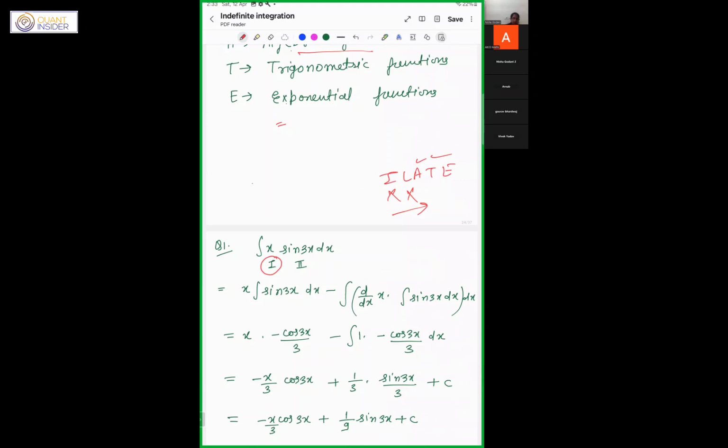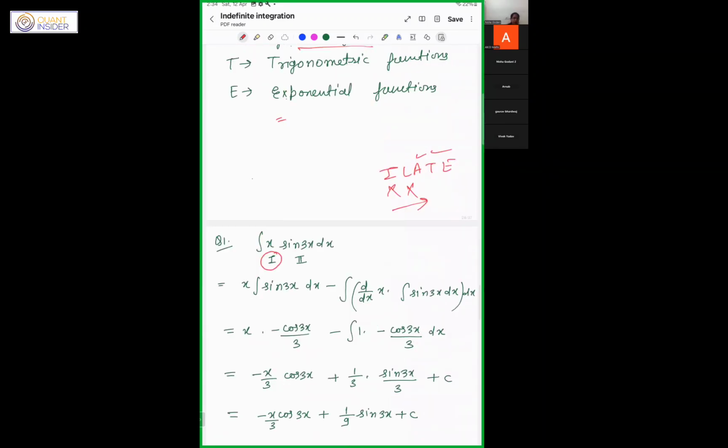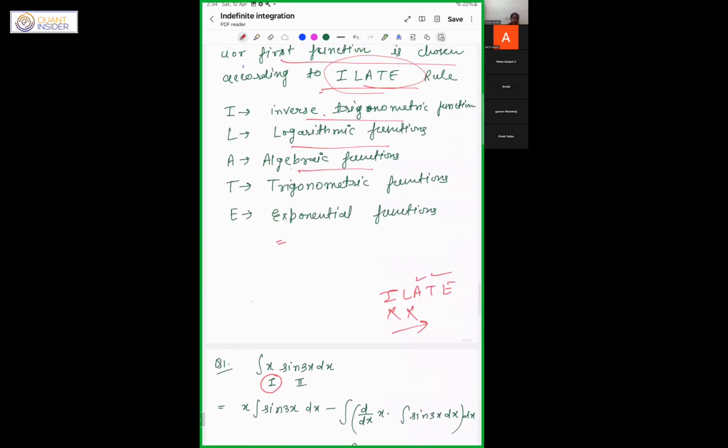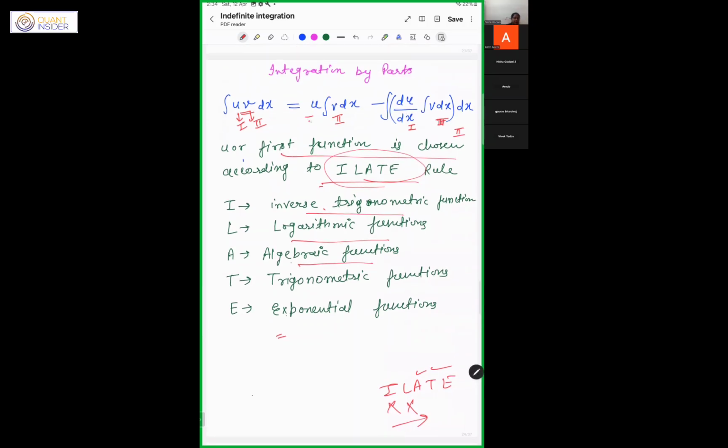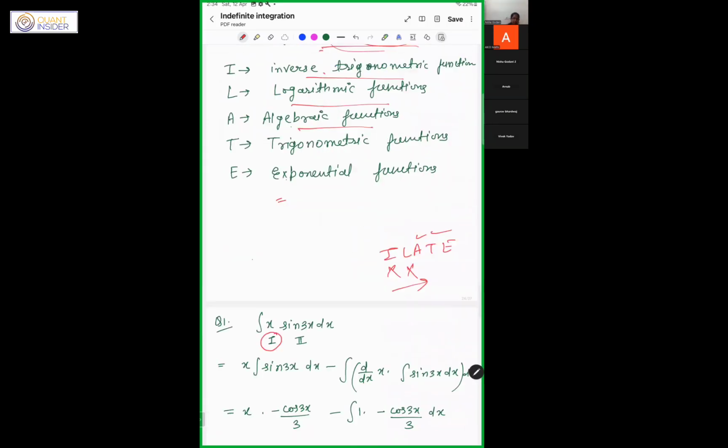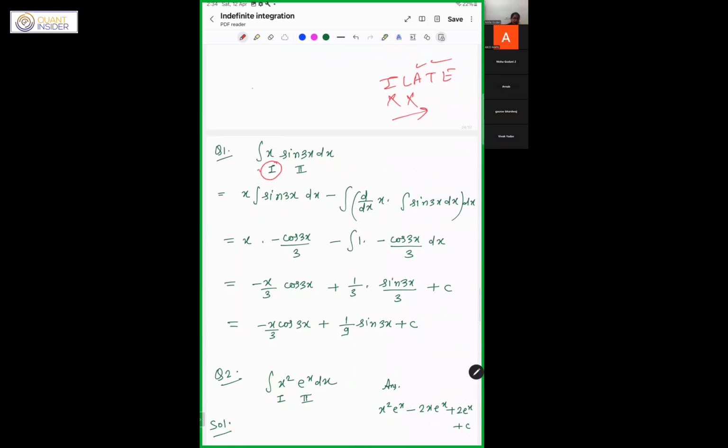Now what will you do according to the formula? The formula says u, the first function, as it is, integration of the second. So first function x as it is, integration of sin 3x, then minus the integration of differentiation of first, integration of second, and the integration of the whole.